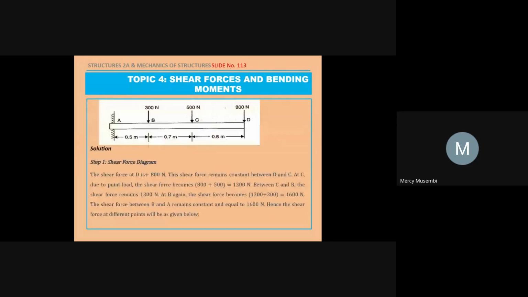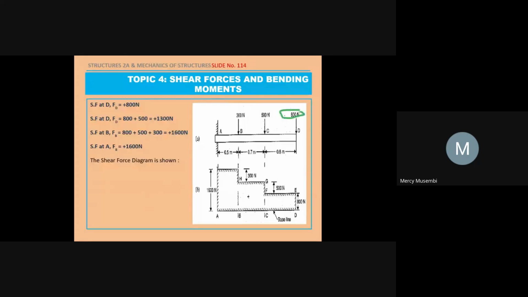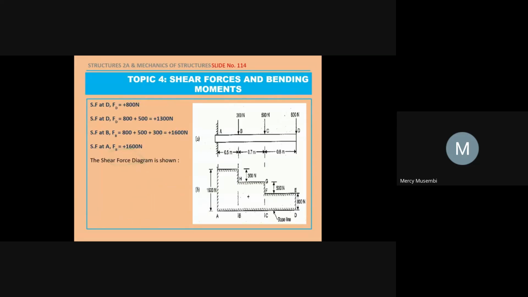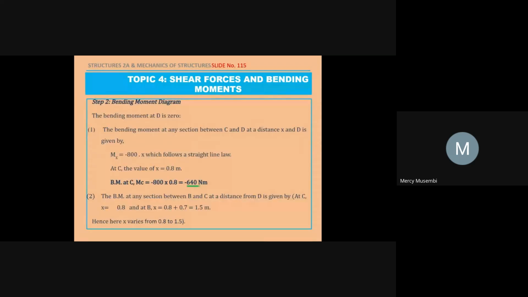So substituting our first W as 800, it will be negative 800x. So how much distance is C from D? It's 0.8. So it will be negative 800 times 0.8, which is 640 Newton meters.